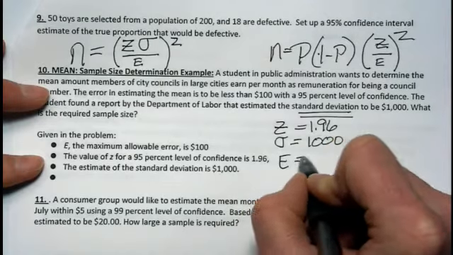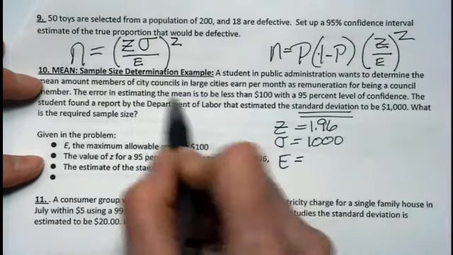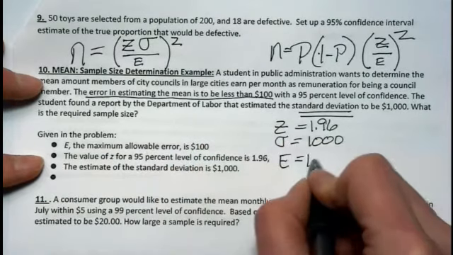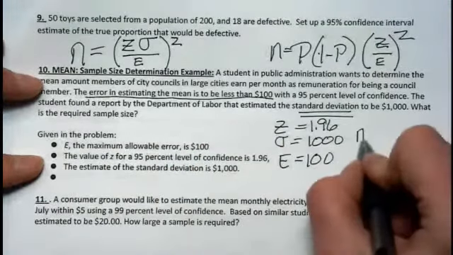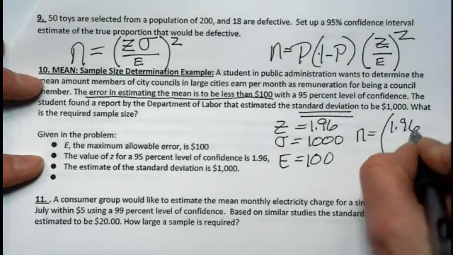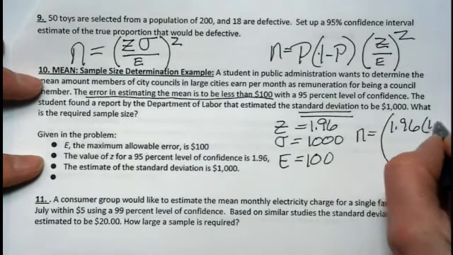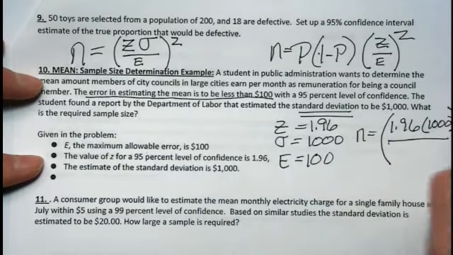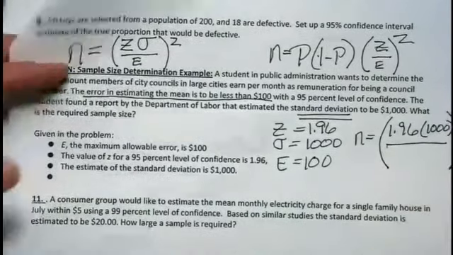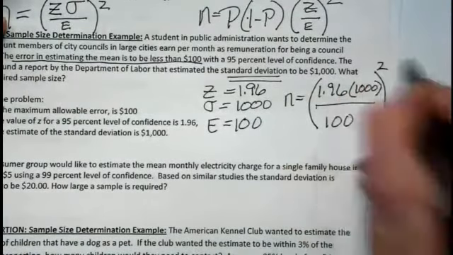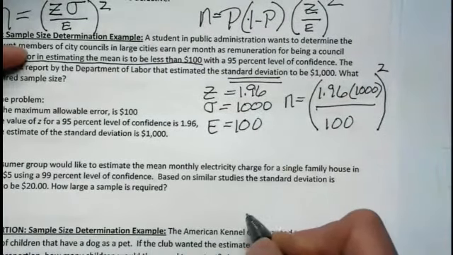And E is the error, $100. So sample size is 1.96 times 1,000 over the allowable error, which is 100, and don't forget to square.